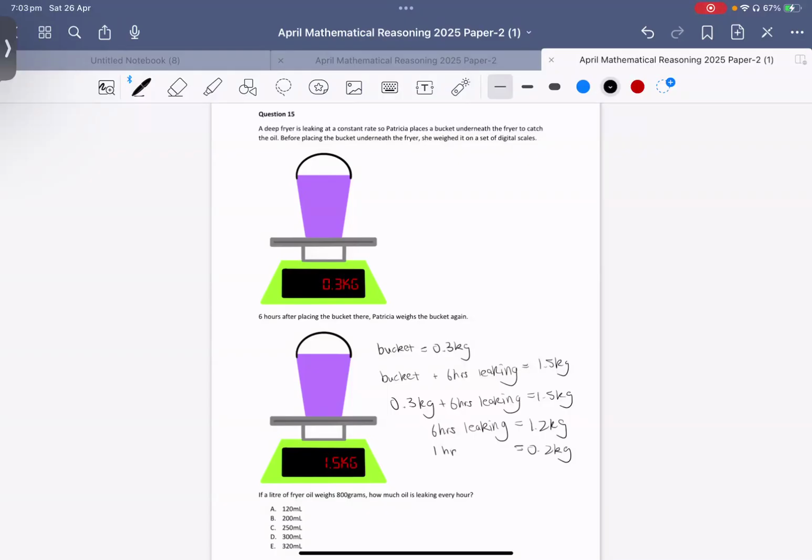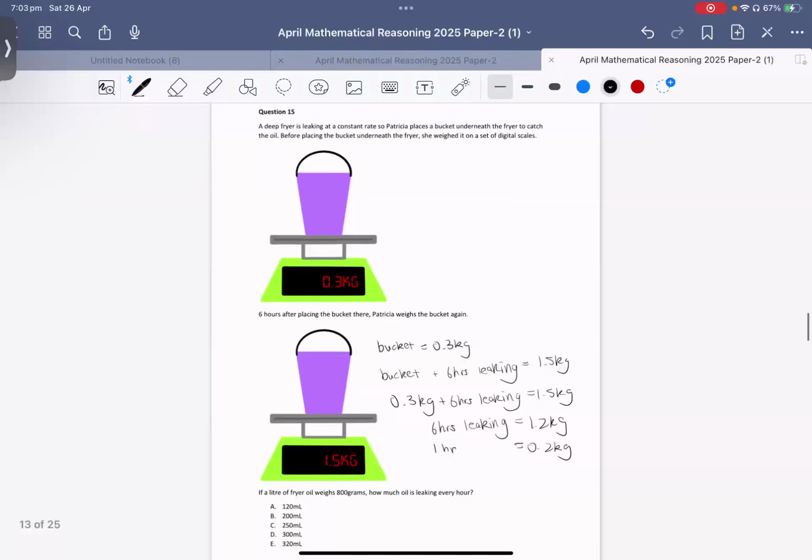Okay. It says if 1 liter of fryer oil weighs 800 grams, how much oil is leaking every hour? So we know 1 liter is 800 grams, and that means 200 grams would be, we divide both sides by 4, 250 milliliters.